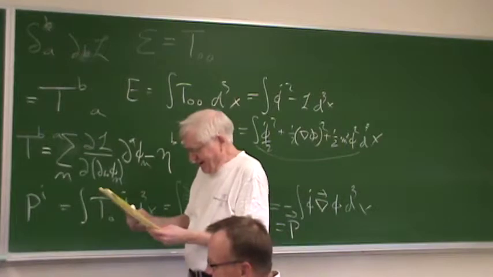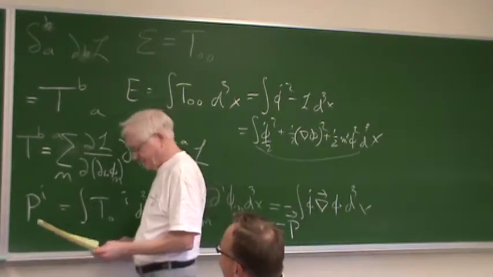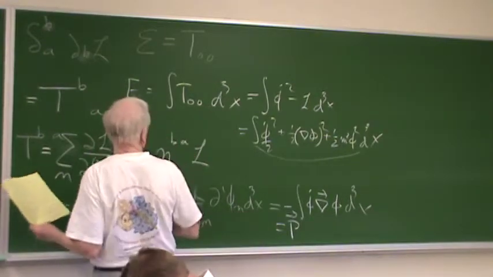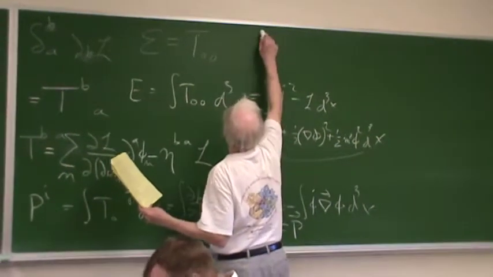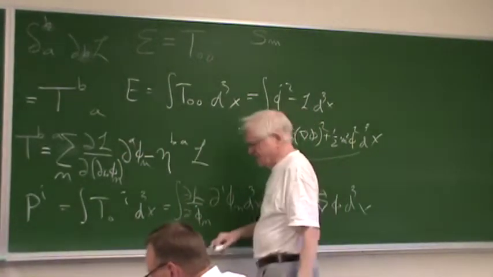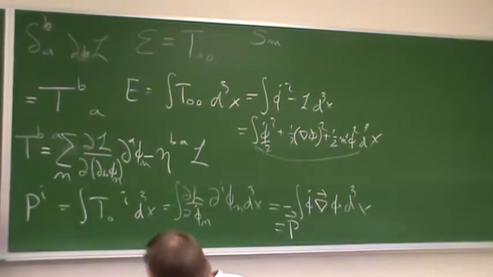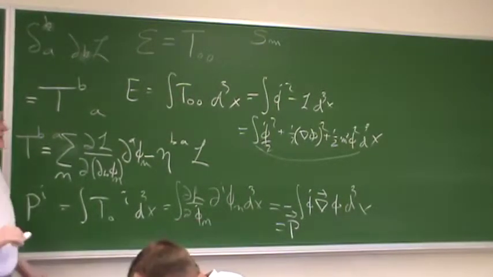So anyway, he had a recipe, but there's a simpler recipe, and it has to do with general relativity. What you do is you consider the matter action, and then you consider what happens to the matter action if you make a small change of the space-time metric.